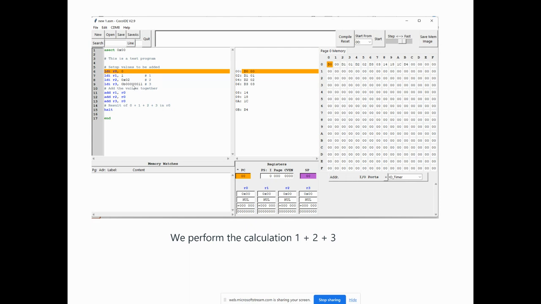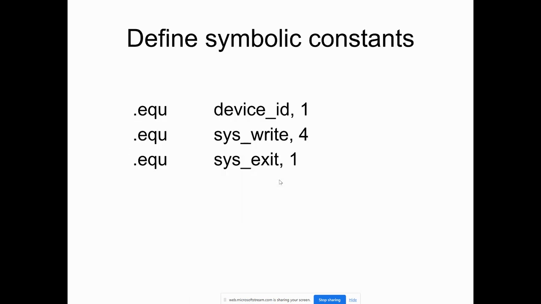We're adding this binary. Then we add the values together. So we add what's in register 1 to register 0. We add register 2 with register 0, and then we add register 3 with register 0, and then the result will be 0 plus 1 plus 2 plus 3 in register 0. Halt is basically just to stop, and then we end the compiler.